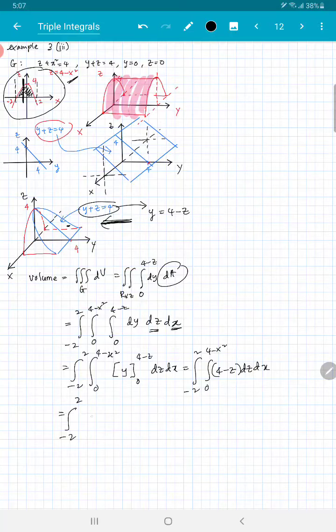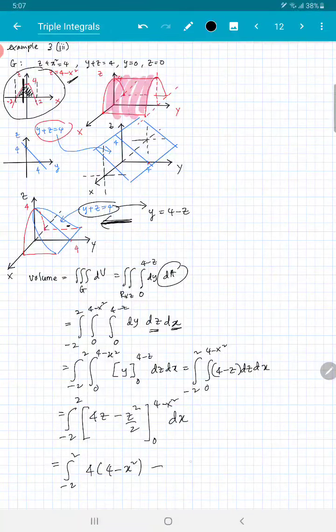Now the middle integration is with respect to z. Integrating 4, we get 4z. Integrating z, we get z squared over 2. Now replace z with the upper and lower limits. With the upper limit, we get 4 times 4 minus x squared, and here we have 1 over 2 times 4 minus x squared, squared again. The lower limit is 0.